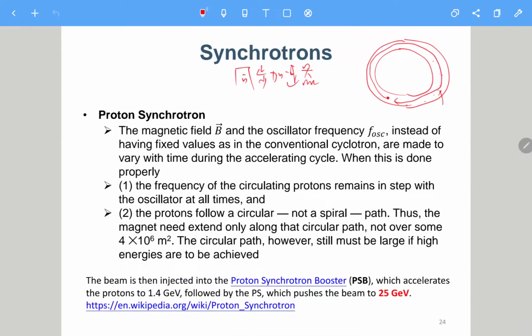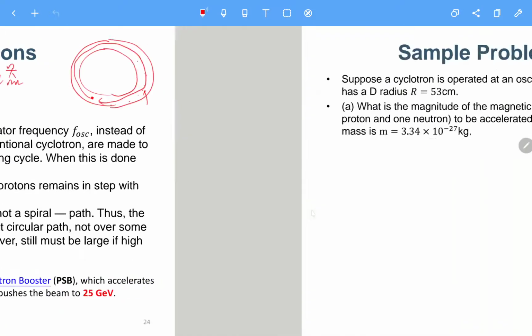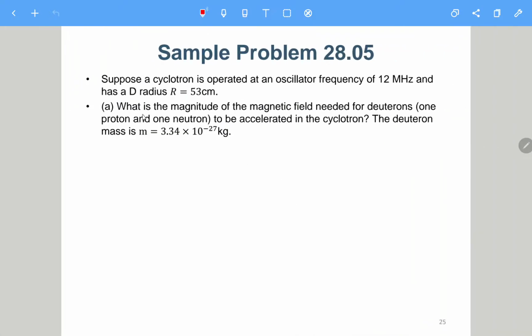But for the synchrotron, it can be up to kilometer level. The particle to be accelerated in the cyclotron is a deuteron, which means it has one proton and one neutron. The deuteron mass is m, like this.